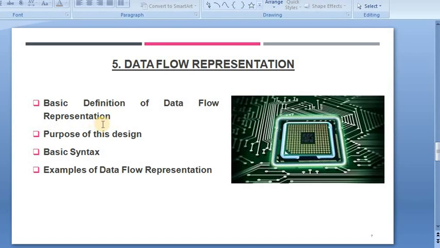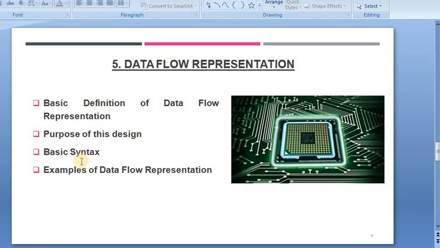Now what is the purpose of this design? The basic purpose of this design is that this is a concurrent style of modeling. What is the meaning of this concurrent style? It means here the order of statements is not important, as it was in the case of behavioral modeling, which we studied earlier.